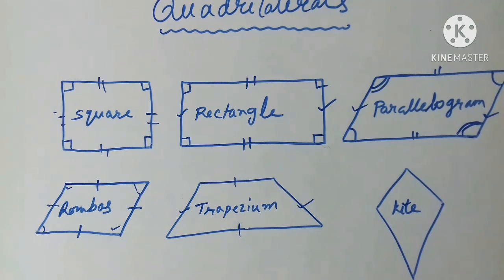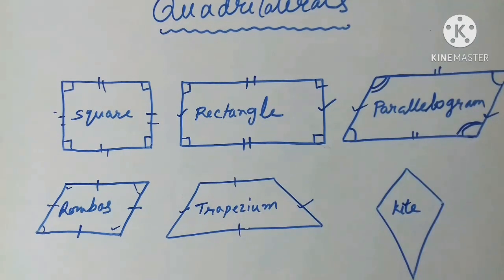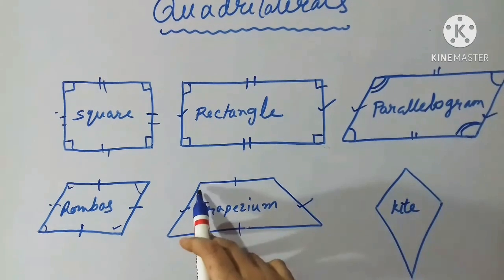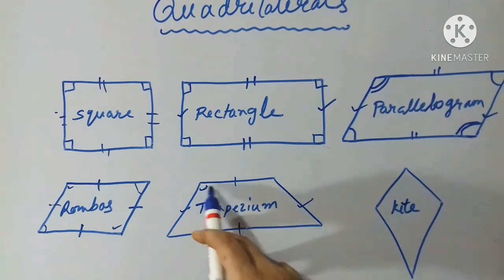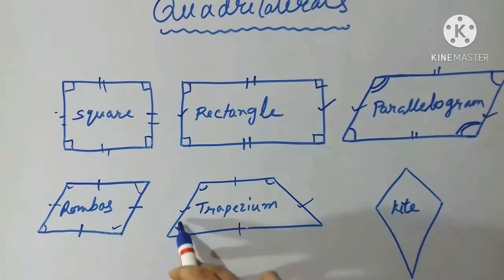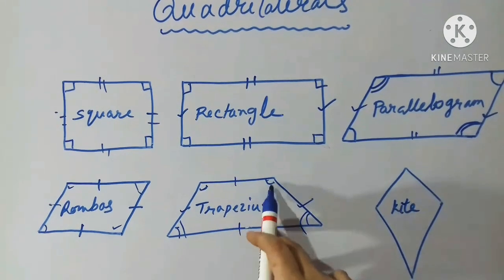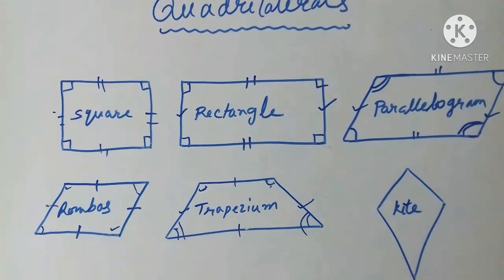And two adjacent angles will be equal, means these two adjacent angles will be equal and these two adjacent angles will be equal, means this angle is equal to this angle and this angle will be equal to this angle.